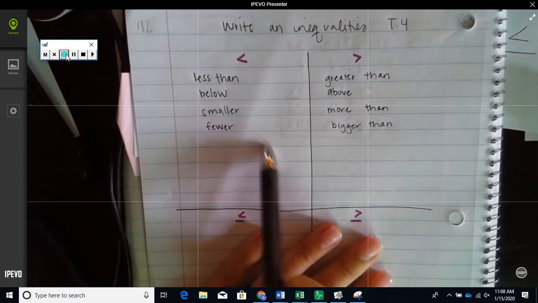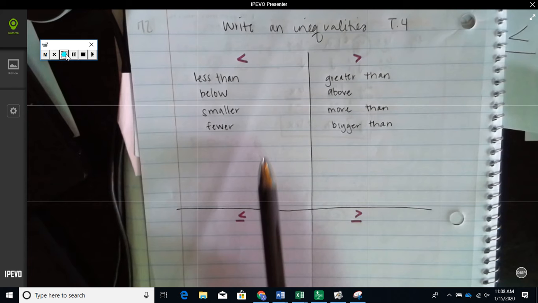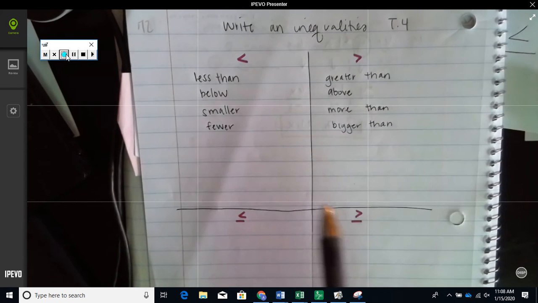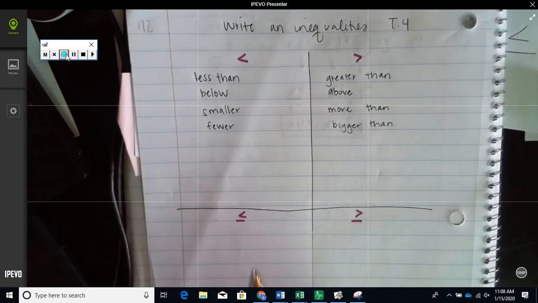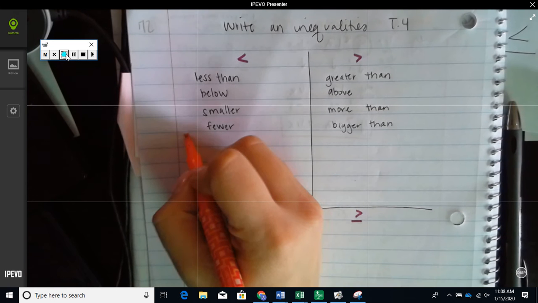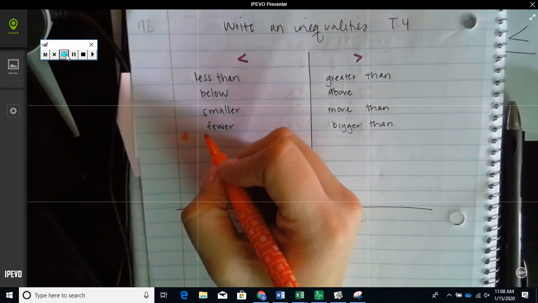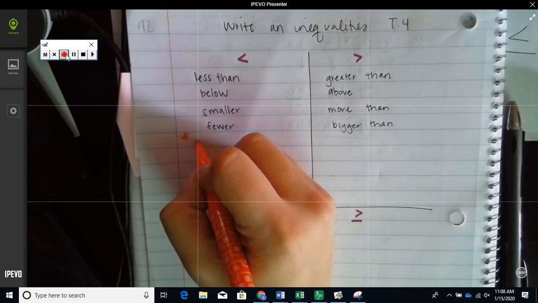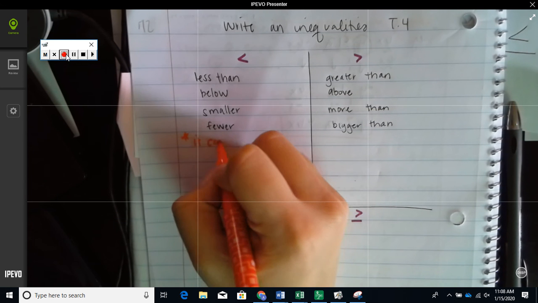Now, what's most important when you think about these two is that in these two, whatever amount we're talking about, it cannot be equal to. And these can. That's what makes the difference between these two. These can be equal to, and these cannot be equal to. So you need to tell the difference between the two. But again, that involves some kind of thinking about what the problem is talking about.